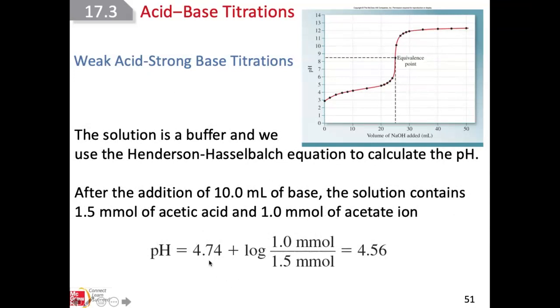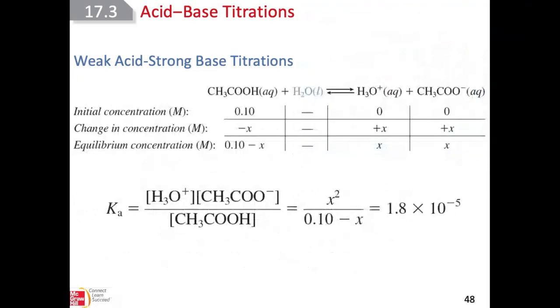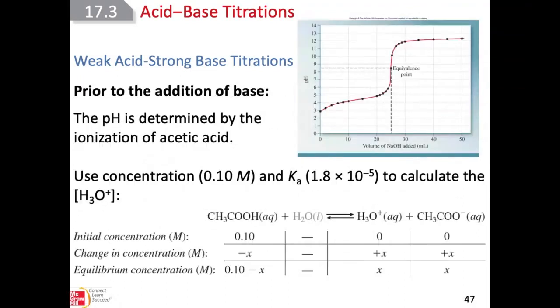This is the pKa of this acid, then the logarithm. This is what we're adding. We're adding 10 ml of base. So if we're adding 10 ml of base, then the solution will have 1.5 millimole of acetic acid and 1 millimole of acetate ion. Let's go back and we will see what we have here.